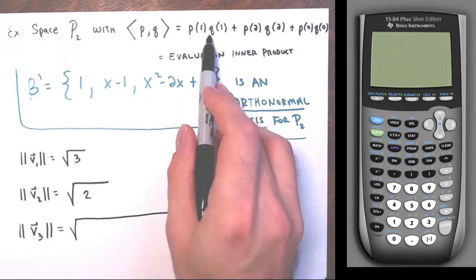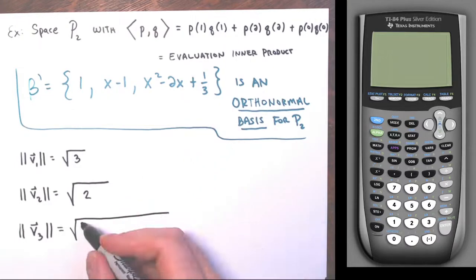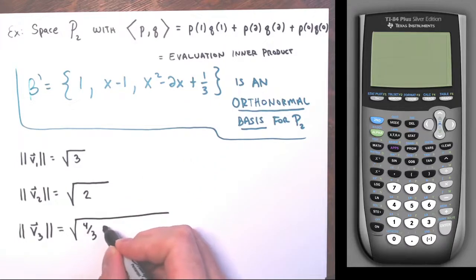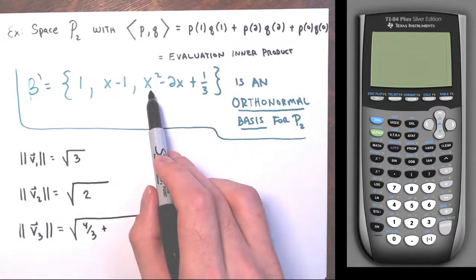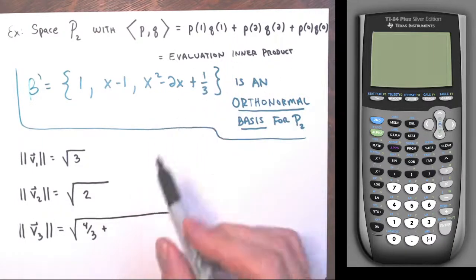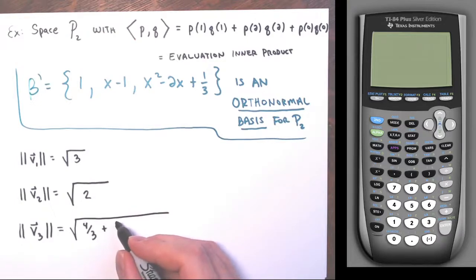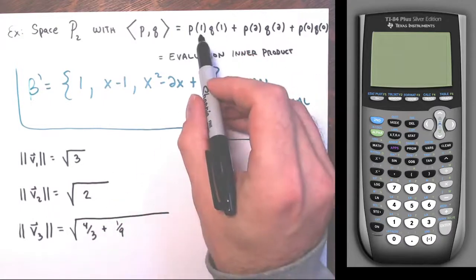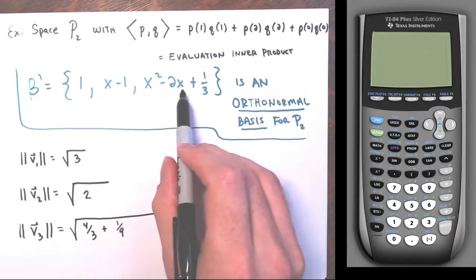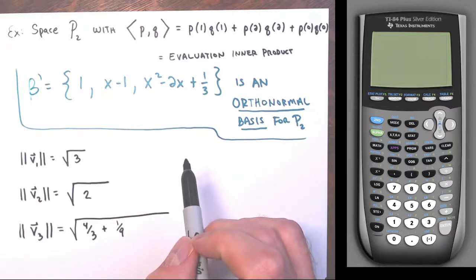And that's being squared. So that's 4/9, plus the value at 2, 4 minus 4 is 0, plus a third, but then squared is a ninth. Negative 1 plus 1/3 is negative 2/3 squared, which would be 4/9.